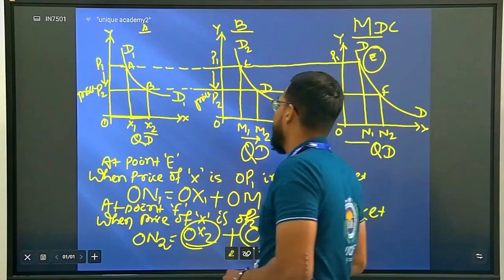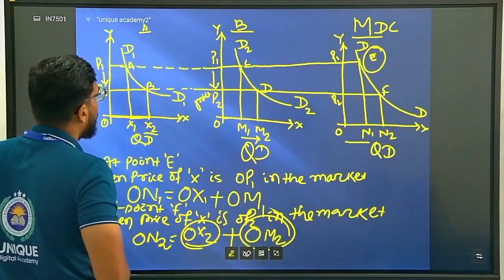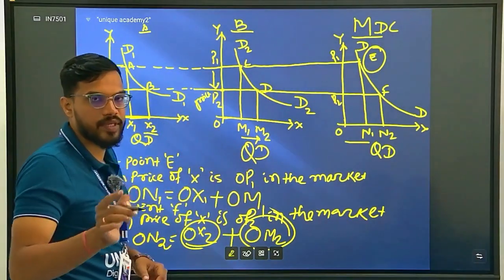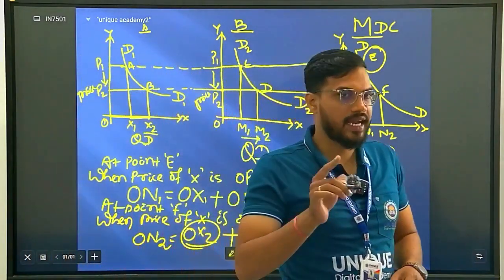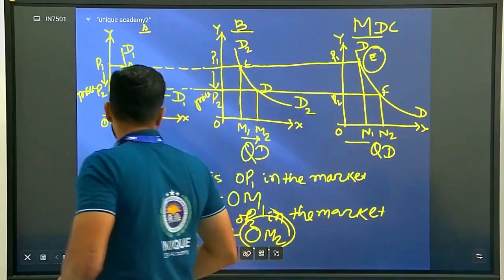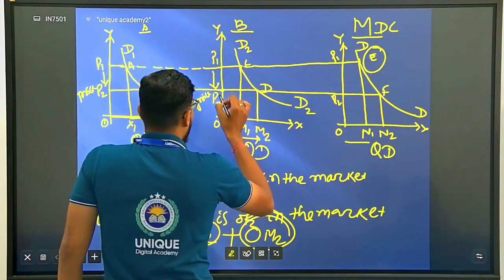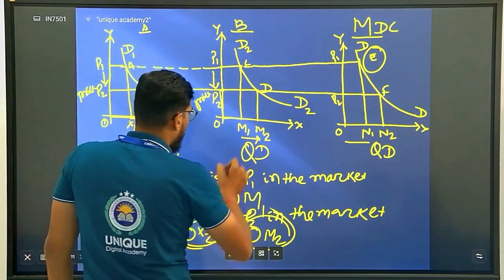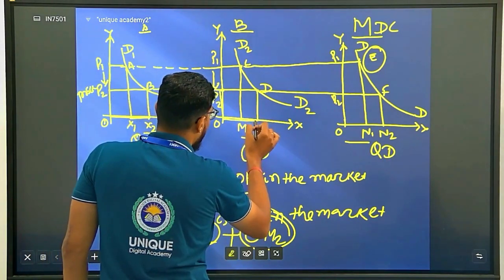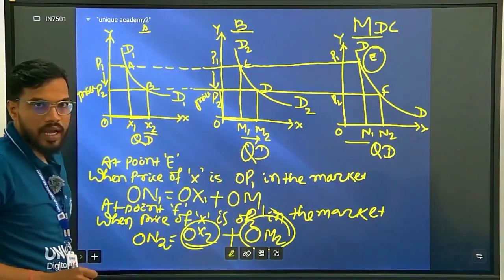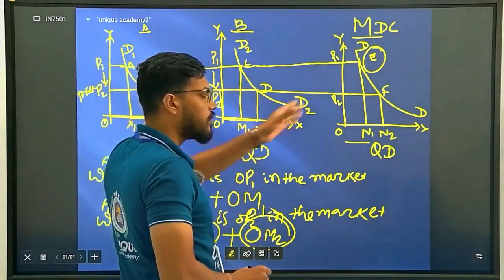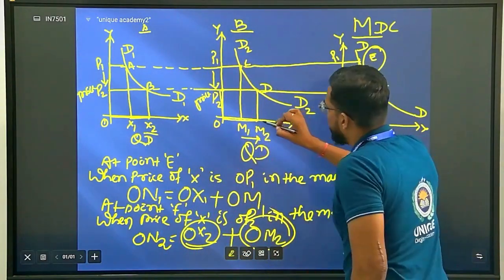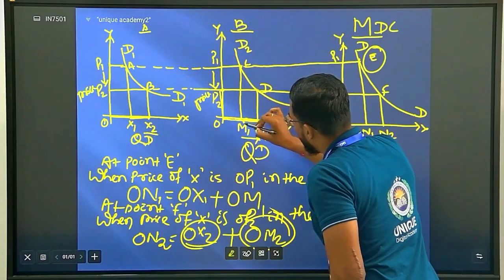Similarly, in case of individual B, when the price of the product is OP2, the same price prevailing in the market at a given point of time, the quantity demanded by individual B is OM2. And when the price increases due to any reason, from OP2 to OP1, the demand declines from OM2 to OM1.